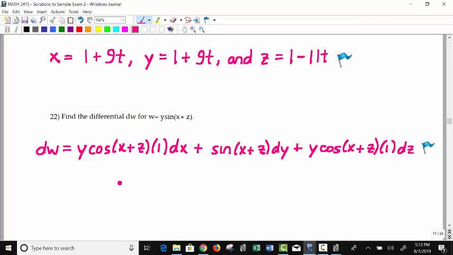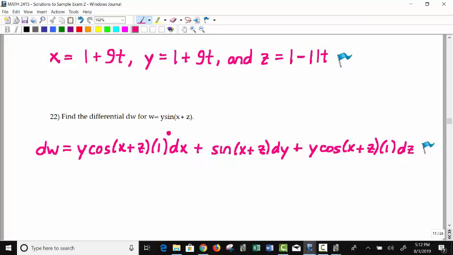So the differential is just going to be where you just have, it would be dx, dy, dz form. So we're taking 3 partial derivatives with respect to x. So the y will sit there. The derivative of sine is cosine, so you'll have x plus z on the inside. And then you take the derivative of the inside by the chain rule with respect to x. So the derivative will be, so that's why I wrote that 1 right there so you could see it.